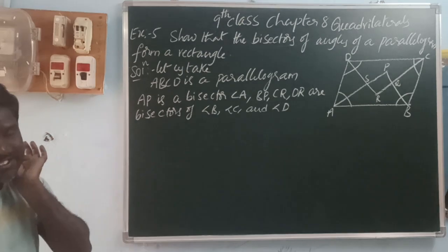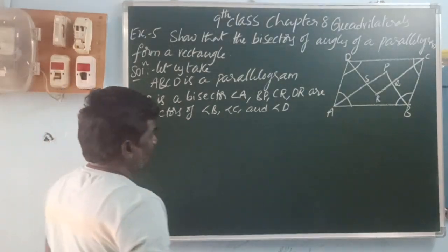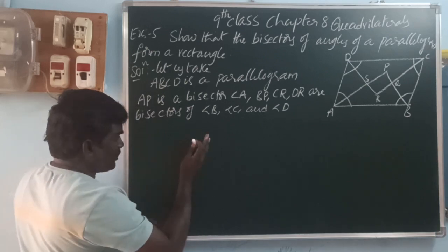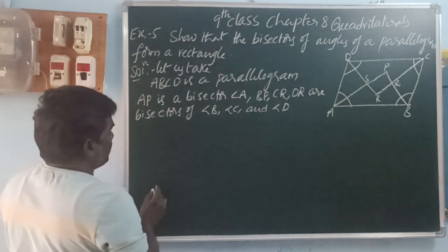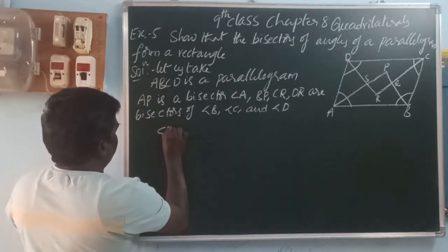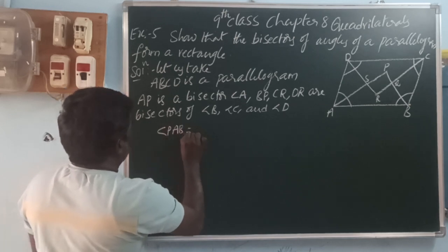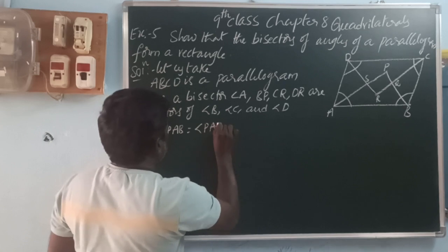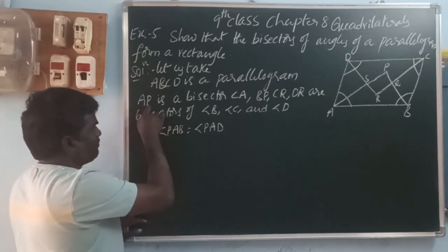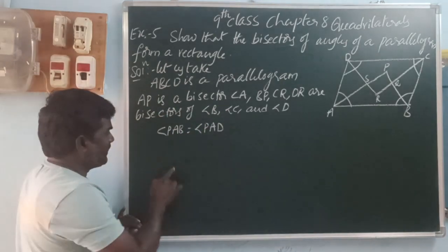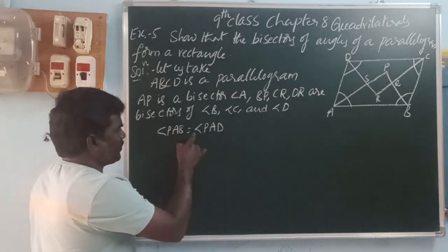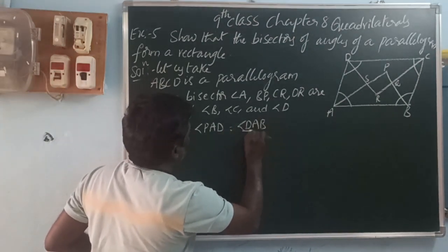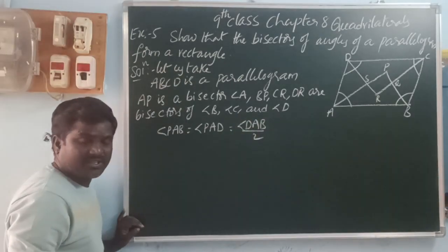Bisector means divided into two equal parts. So at angle A it is divided into two equal parts. That is, angle PAB is equal to angle PAD. AP is a bisector of angle A. Then angle PAB is equal to angle PAD, which is equal to angle DAB by 2.